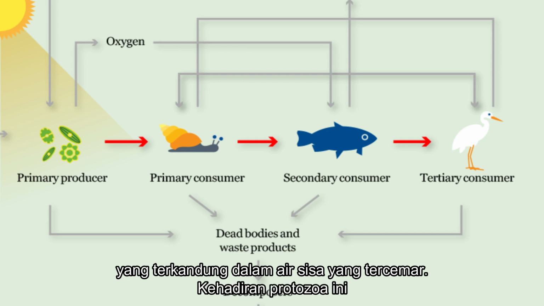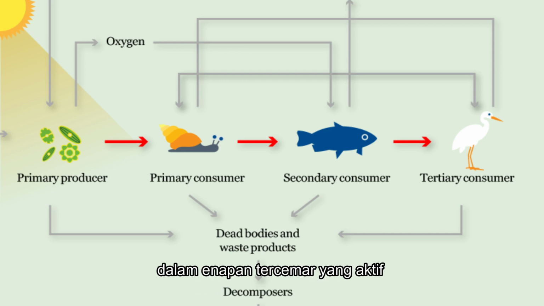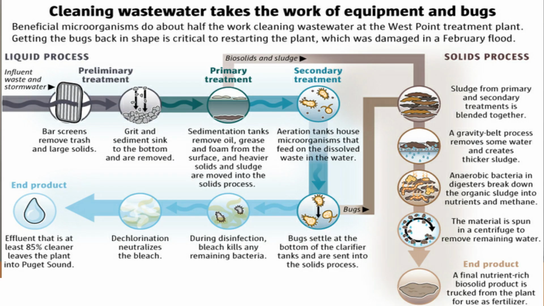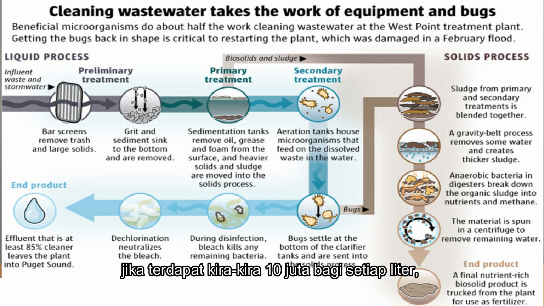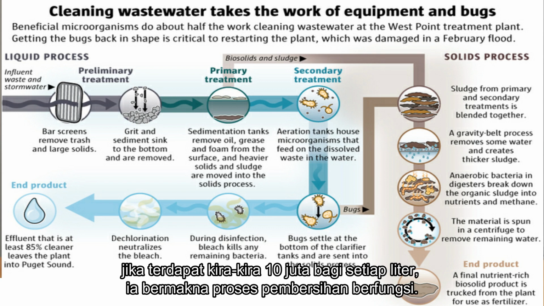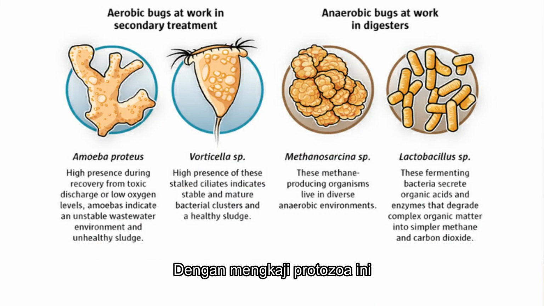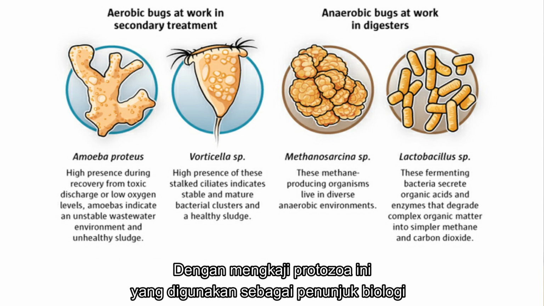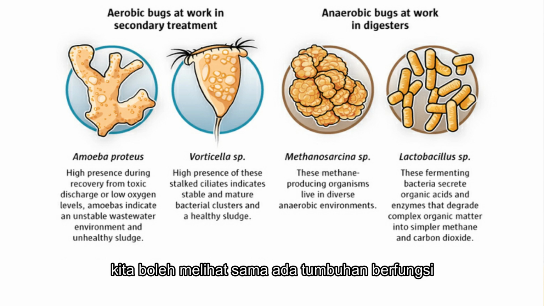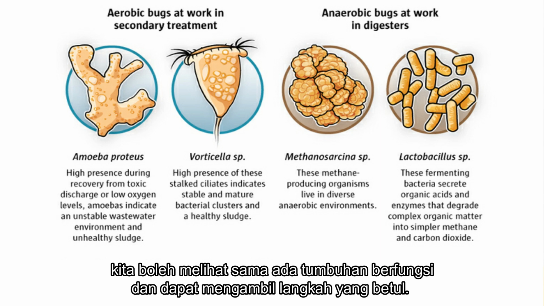The presence of ciliate protozoa in the activated sludge proves, therefore, that bacteria are present as well. If there are approximately 10 million individuals per liter, it means the purification plant works. By studying ciliate protozoa used as bioindicators, one can check if the plant works and take corrective measures.